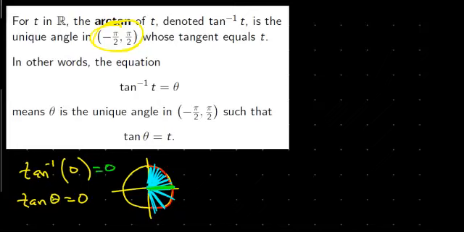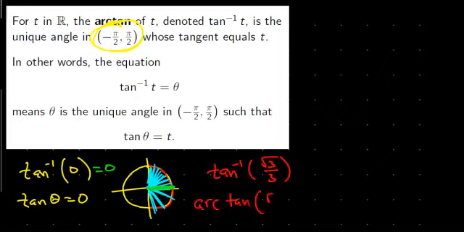Okay, what about the inverse tangent of, what do we have? Root 3 over 3? Okay, or we can think of it as, I like thinking of it as the arc tangent of root 3 over 3.